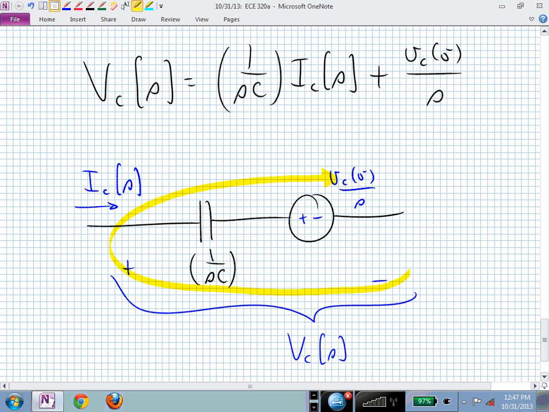You can say minus V sub C plus 1 over SC I sub C plus V sub C of 0 minus over S, and yes, that's the correct polarity. Questions on these models?